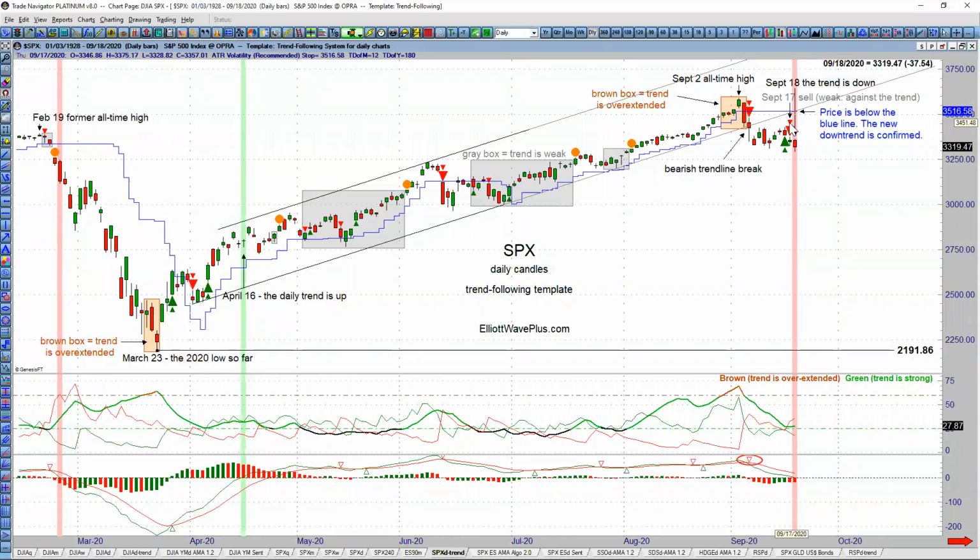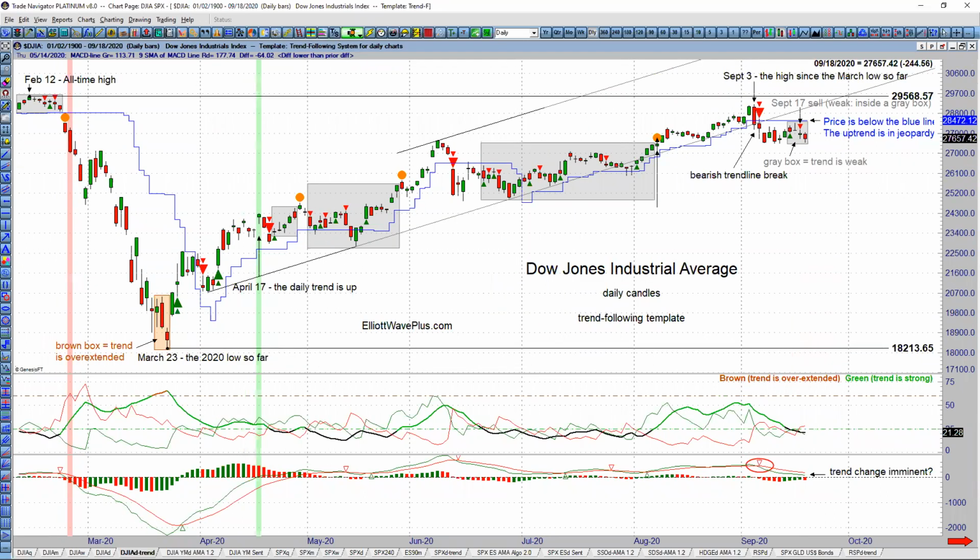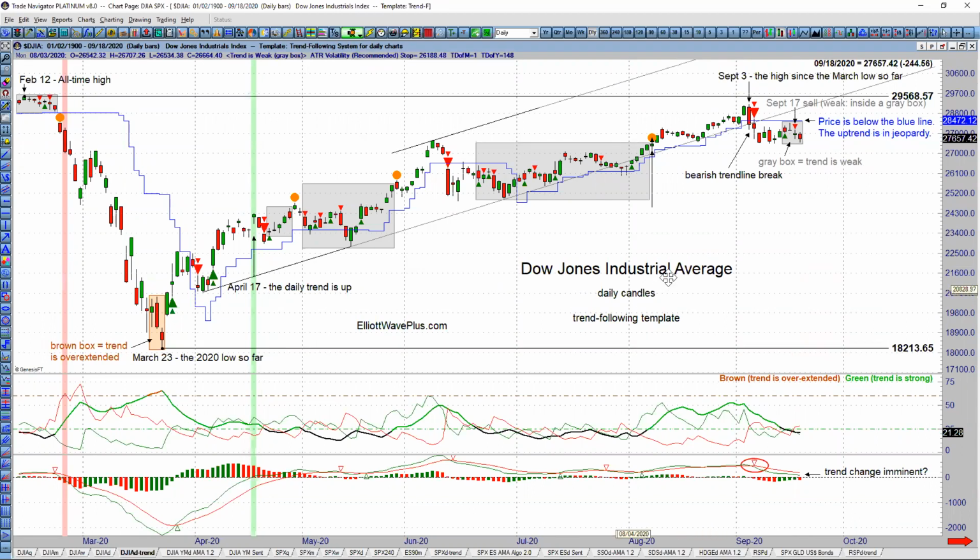And the last signal we got on the S&P was the sell signal on Thursday on the trend following system. So as far as trend following, it's going to start preferring shorting the market now as opposed to going long.